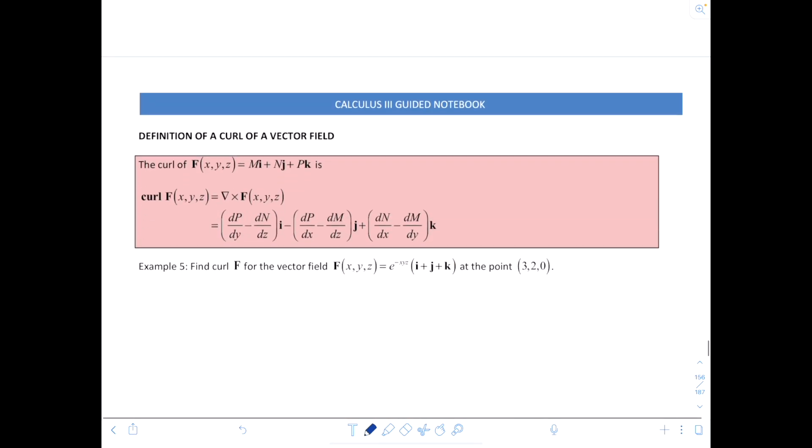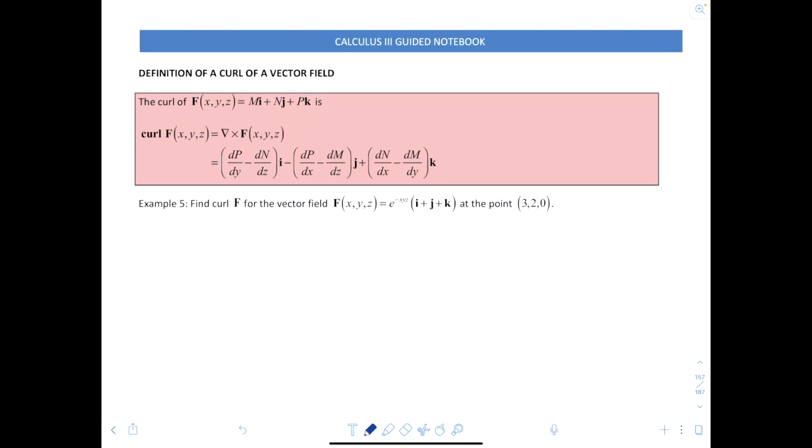Okay, so the definition of the curl of a vector field. The curl of the vector field F of x, y, and z equal to Mi plus Nj plus Pk is del cross F of x, y, and z. And if you remember the cross product, it comes from the determinant.